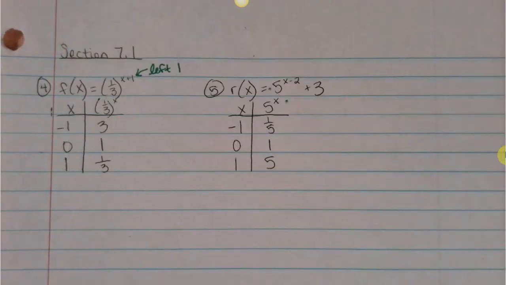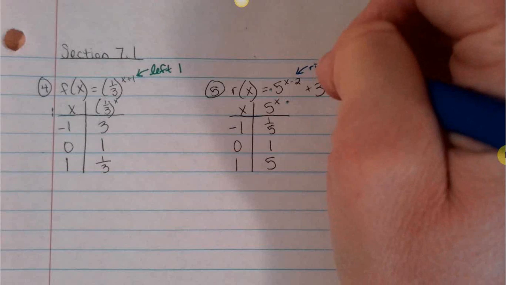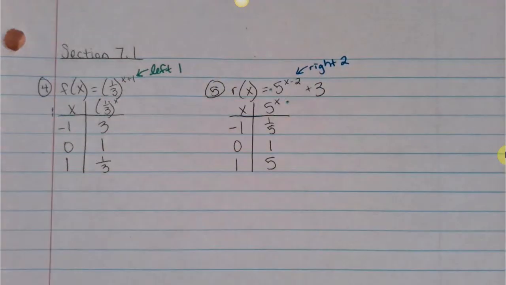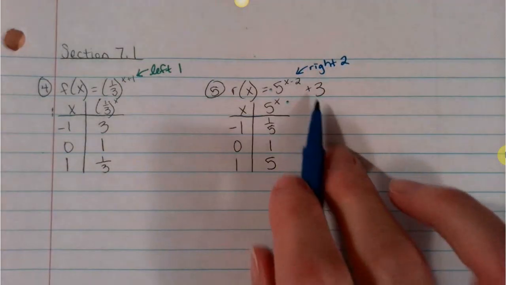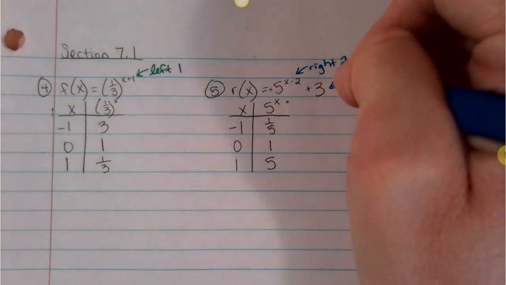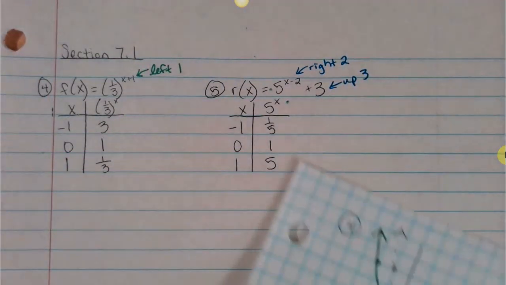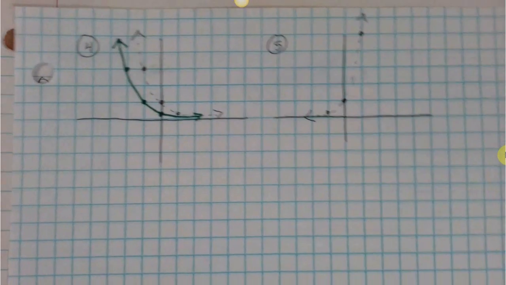Now the transformations on this one, the -2, since it's inside the exponent, that tells us to shift all of our points to the right 2. And then the +3, since it's on the end of the function outside of the exponent, that tells us to shift all of our points up 3. So right 2, up 3.